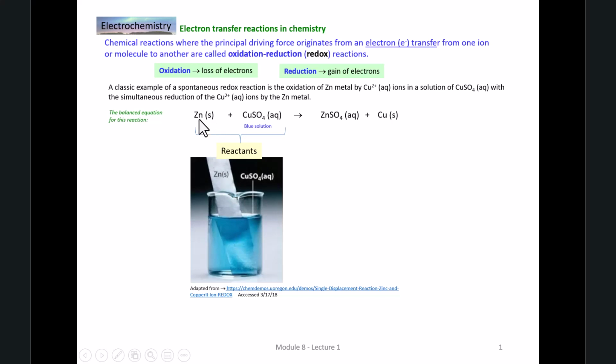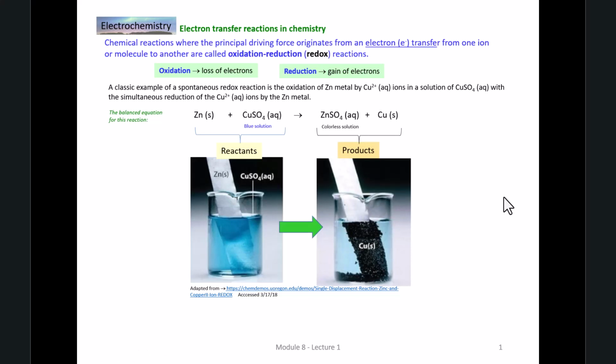So we've got that labeled here. And as soon as we do that, we start to get a reaction. And over time, you get the products of the reaction, which are copper metal and zinc sulfate in solution.